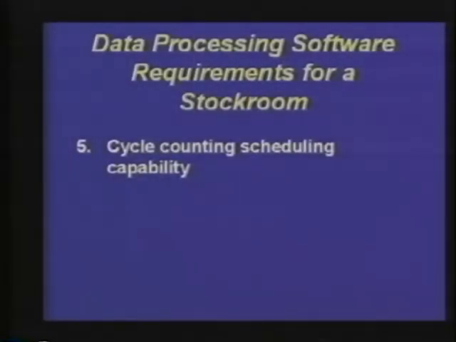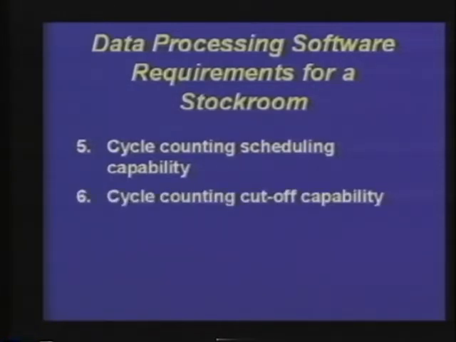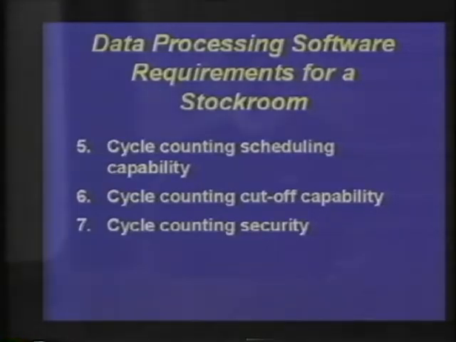We've previously talked in section 4 about the cutoff capability, and then we also want to talk about cycle counting security relative to the percentages of accuracy that we reviewed previously that have been approved by the certified public accounting profession.